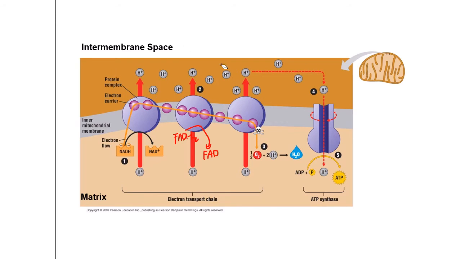All these H plus want to come back in, but they can only do so through the ATP synthase, and as they come back down, the energy from the H plus going down its gradient will be used to add phosphate to ADP, creating ATP. In order for the chain to continue passing down electrons, you must remove the electrons at the very end, and that's the job of oxygen, acting as the final electron acceptor.